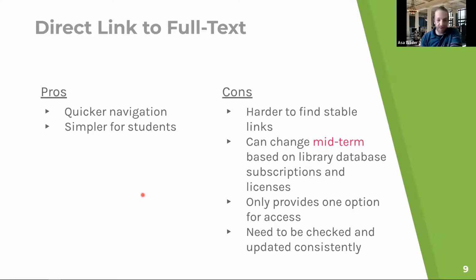So this happened with some of our Canopy films where we bought a 1-year license based on a request, and the request was made midterm. Someone assigned it in their course, checked it at the start of the quarter. By the time it got to that point in the quarter, it no longer worked. If you link to the library catalog, the link will still work.